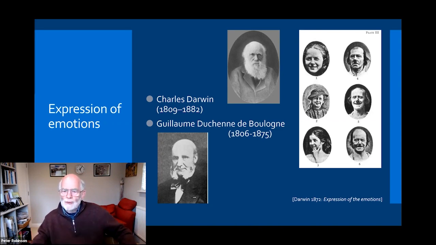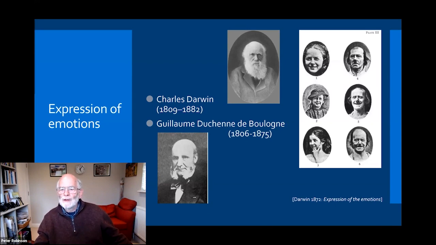In fact, the illustration on the screen now shows you a page from Darwin's book, and you can see a set of the Duchenne photographs in the column on the right. Duchenne worked a lot with a particular tramp that he pulled off the streets of Paris.